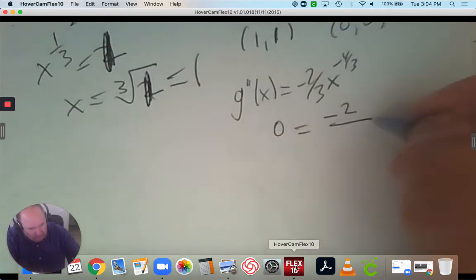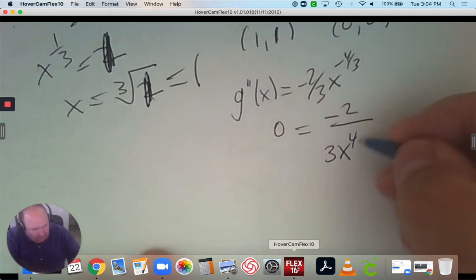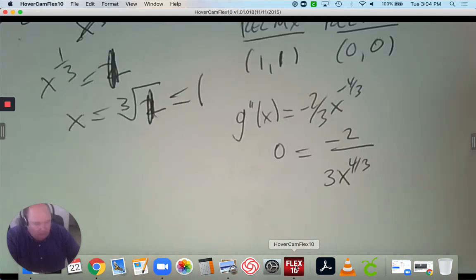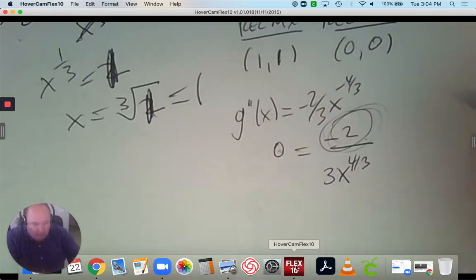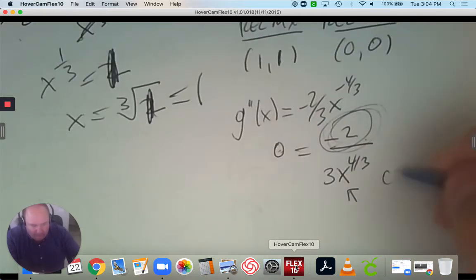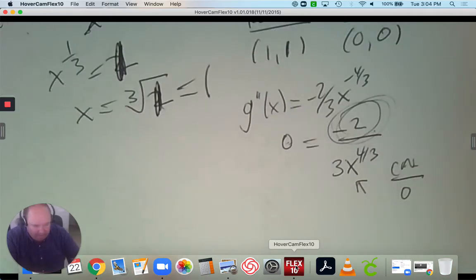So we have negative 2, and then this is x to the 4/3. So nothing makes it 0. So the numerator, nothing will make it 0, but what makes it undefined? So a critical number here is 0 because it makes the second derivative undefined.